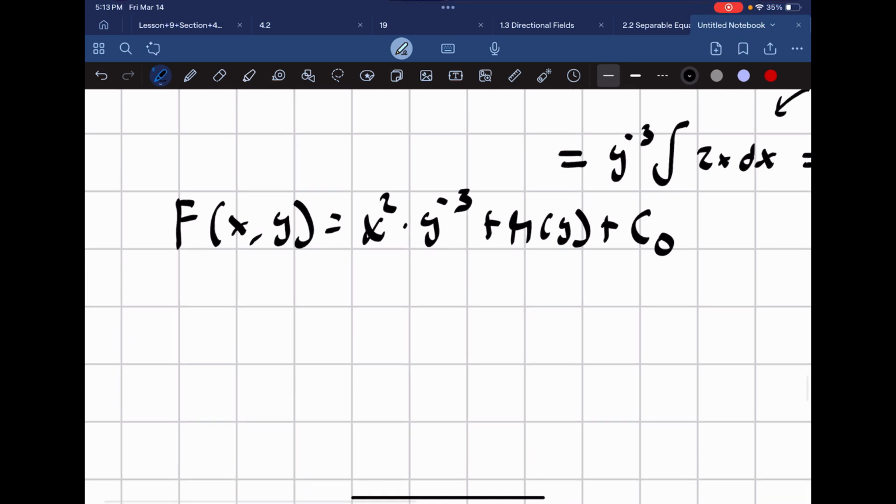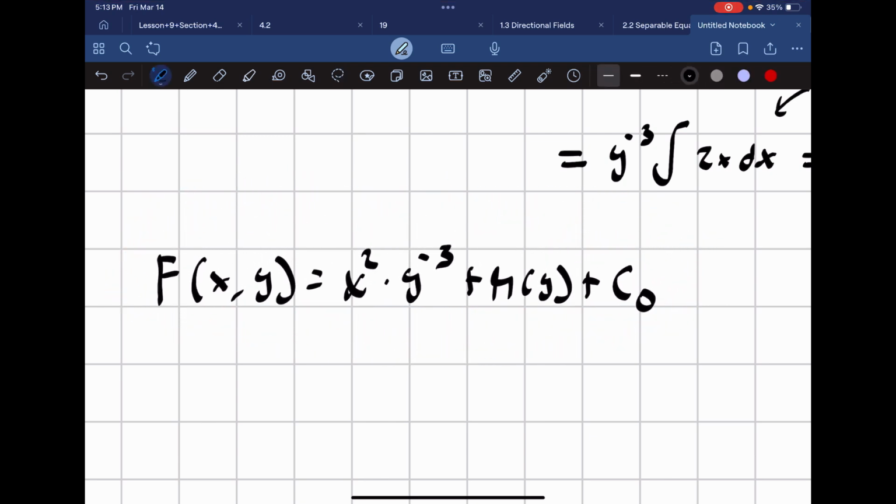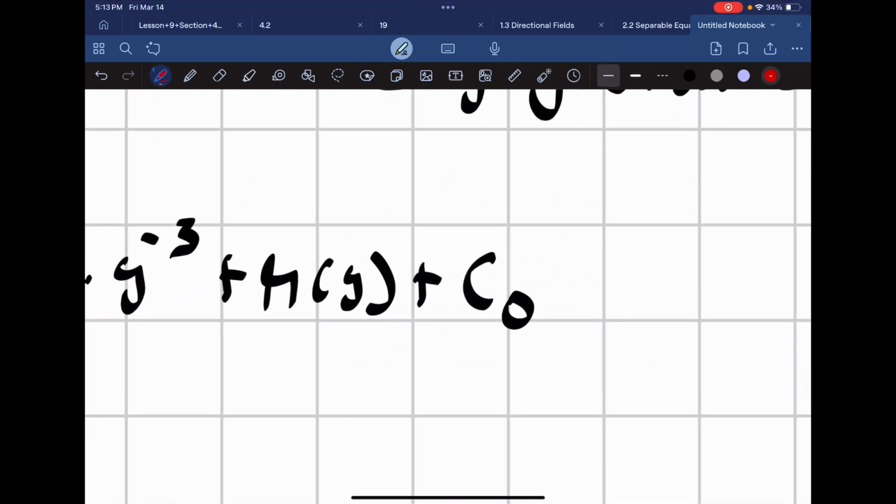So after that, to find what h of y is, we would take the partial with respect to y.